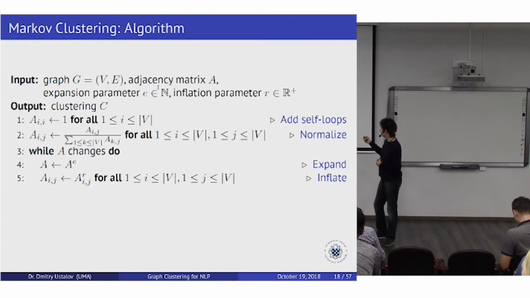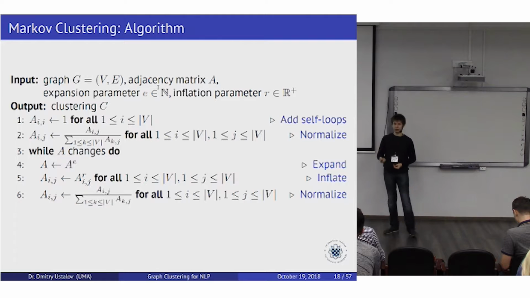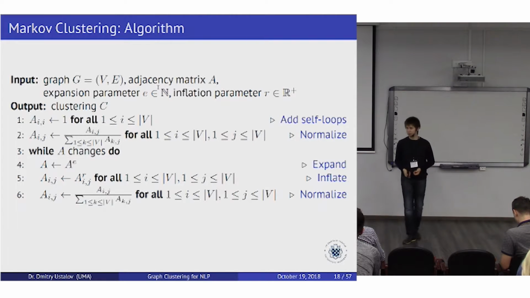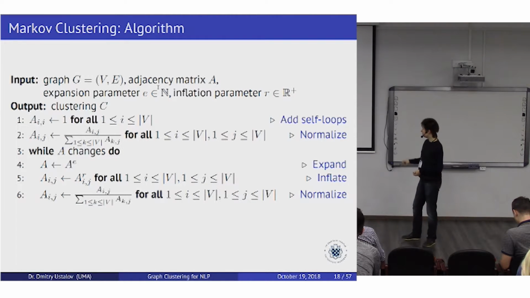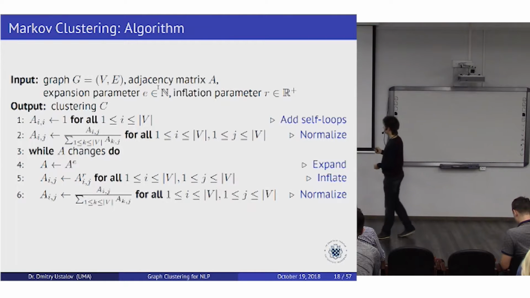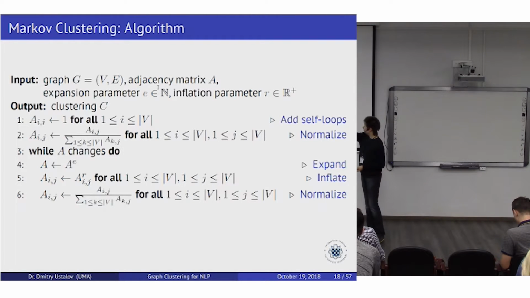And at this inflation step, you take every element of this matrix and you take R power of this element. Usually it's also 2, so you make a square of each element of the matrix. After taking squares, you do normalization. It's the same as here.